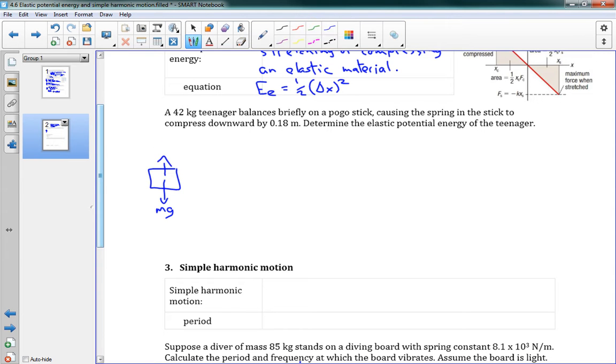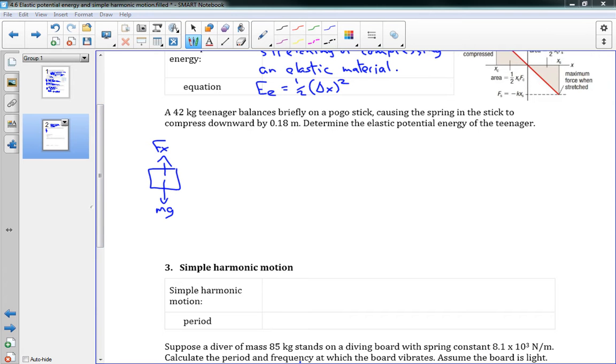If I'm drawing my free body diagram here, and I want to determine the elastic potential energy of the teenager. So first up, we need to figure out what our k value is. Okay, because actually no, we don't need to do that. Sorry, give me 1 second here.